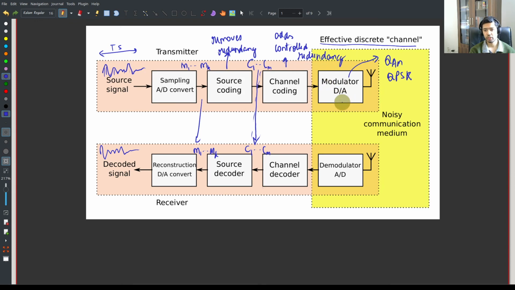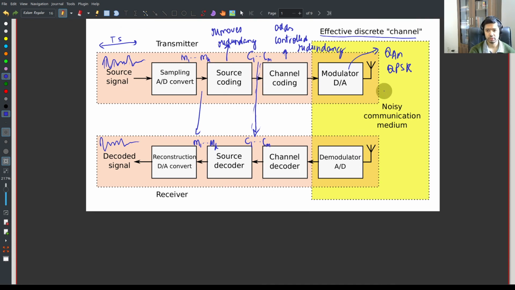For now, all you need to keep in mind is that modulation, D to A conversion, and the actual transmission across the wireless or wired medium are all included within this block. We don't care what kind of modulator you use, whether QAM or BPSK or QPSK, what carrier signal you use, what frequency you transmit in, or whether this is a wired or wireless medium.